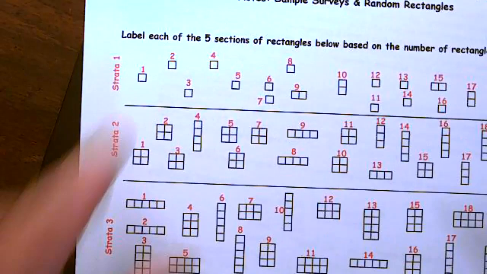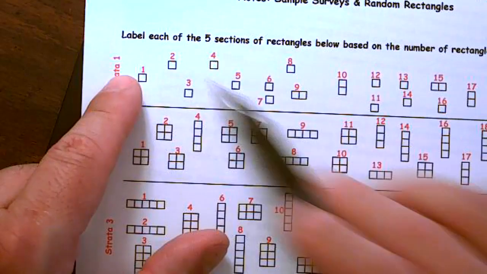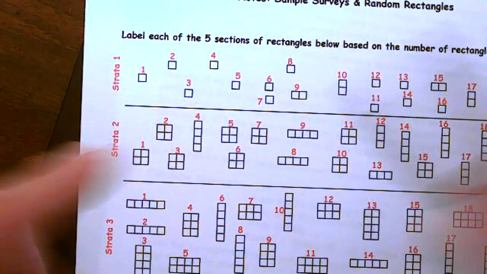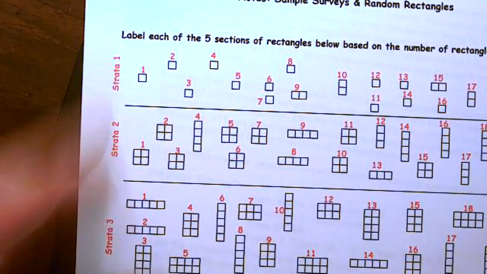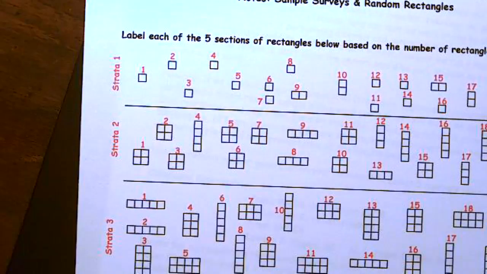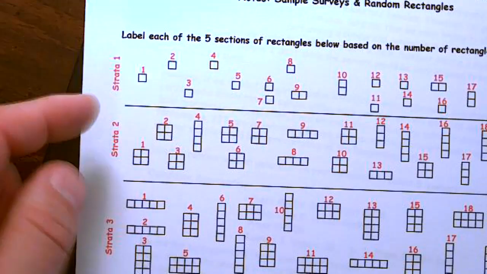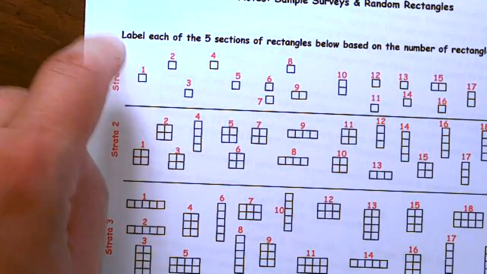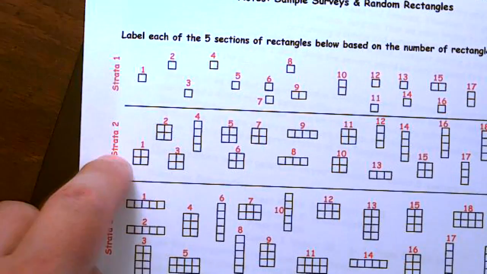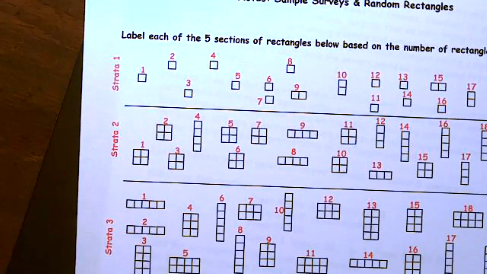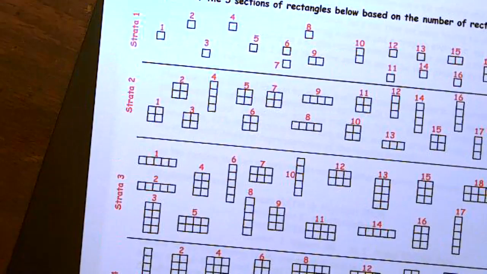If I do a simple random sample, it's possible that I would get all 5 of mine from strata 1. If I did a simple random sample with everyone in a hat, I might only choose from one strata by accident. But when I do a stratified sample, I'm assured to have strata 1 represented, strata 2, strata 3, strata 4, and strata 5, which means not every combination is possible.